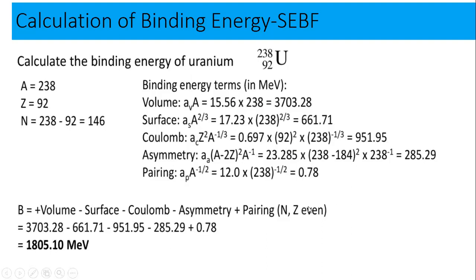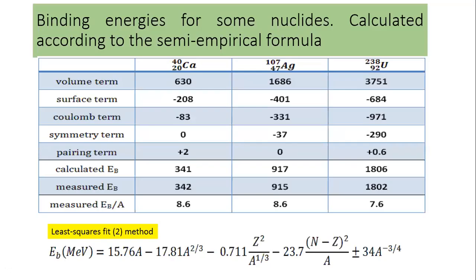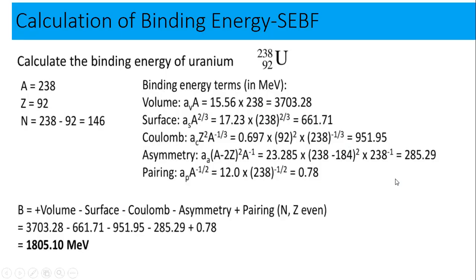So these are the sum of all the terms: volume term, surface term, Coulomb term, asymmetry, and the pairing term, and this will give you the value of 1805.10. And this model is closer to the measured value, which is 1802, as compared to the previous model.